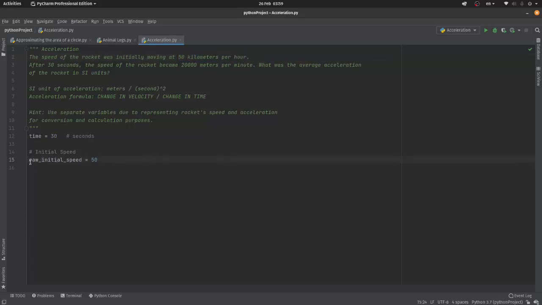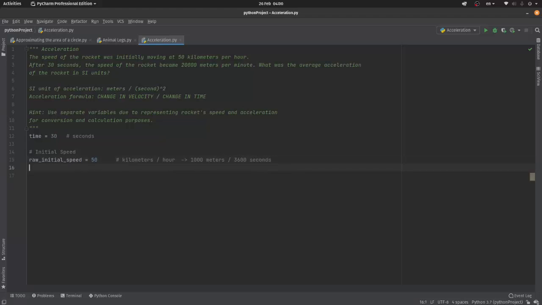So the initial speed in the raw form is 50 kilometers per hour. This in itself means 1,000 meters per 3,600 seconds.